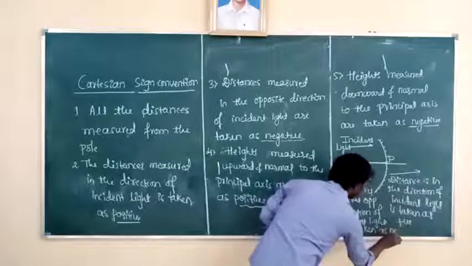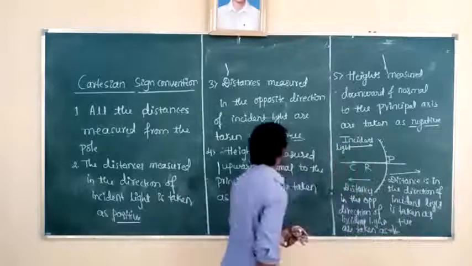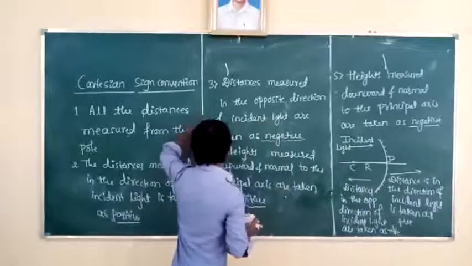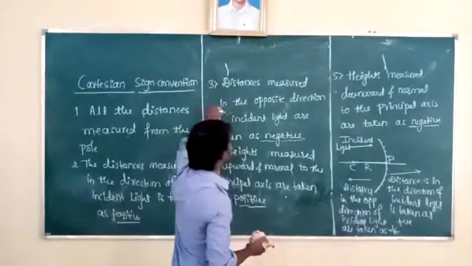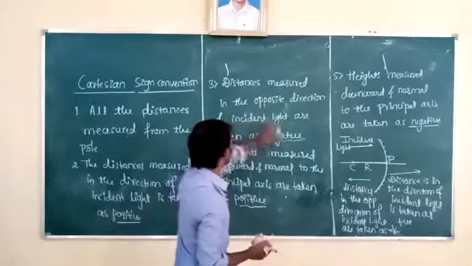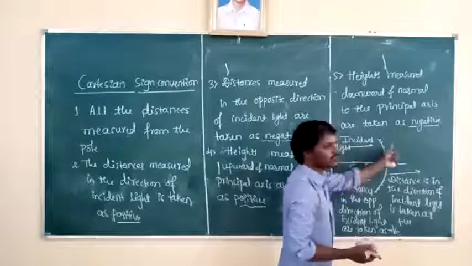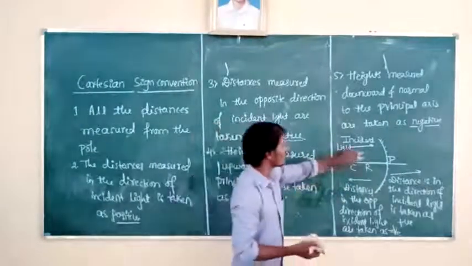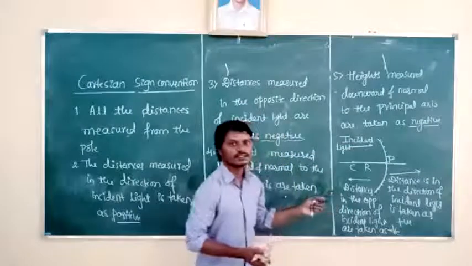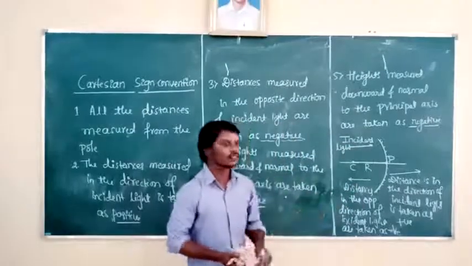The third sign convention is that distances measured in the opposite direction of incident light are taken as negative, because incident light is in which direction? The positive direction. If we measure the distances in the opposite direction of incident light, that is along the negative x-axis. That is why it is negative.